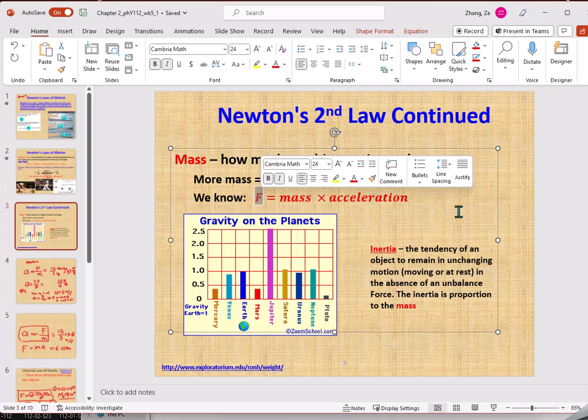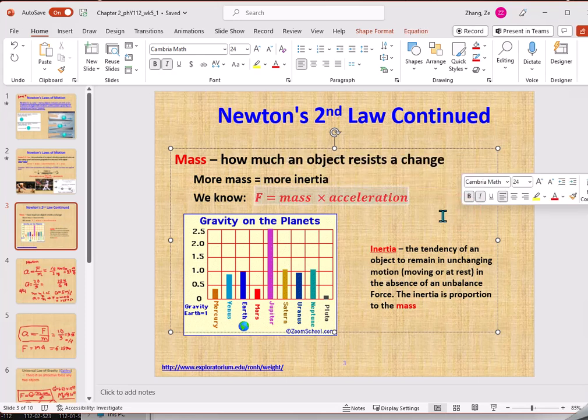There are four fundamental forces: electric forces, gravitational forces. The gravitational force is one of the fundamental forces, which means everything on Earth will experience a force of attraction between two objects. So the force depends on the mass of the objects.